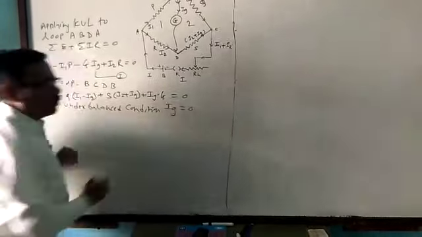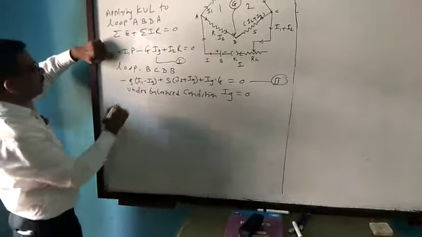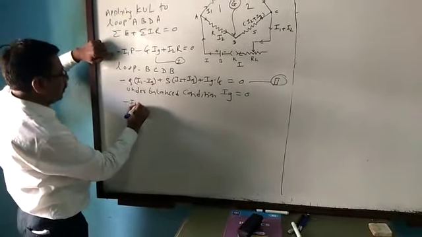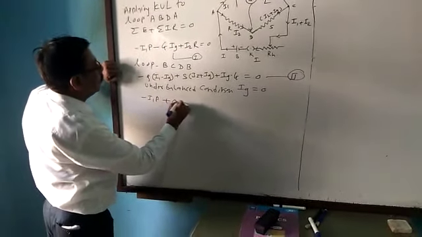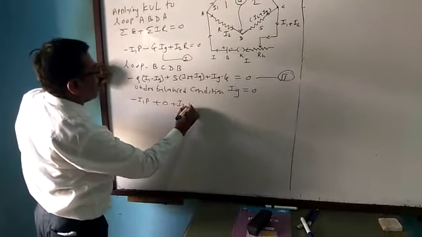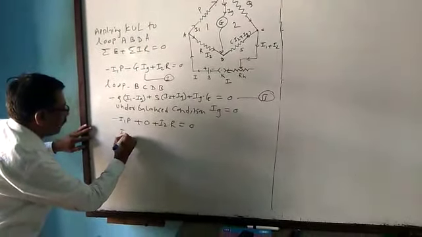Now putting this value in the two equations, putting IG is 0, it is minus I1 into P plus 0 plus I2 into R is equal to 0, and therefore this equation becomes I1P is equal to I2R.